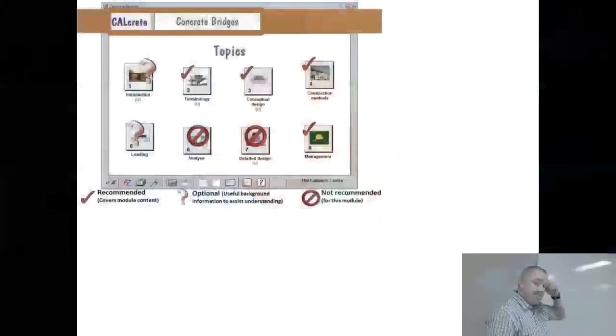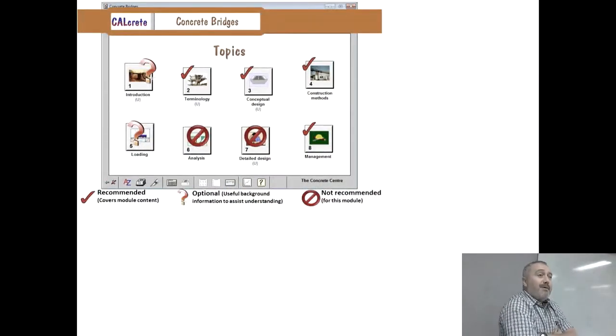So bridges, you have another session at some point where you'll look at the Calcrete software. Remember we looked at Calcrete slightly last year, just to see what concrete is as a material, and concrete on site.